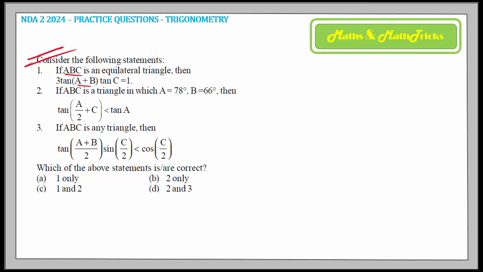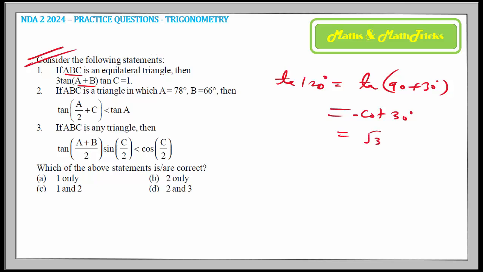So A plus B becomes 120 degrees, and tan of 120 degrees, you know how to evaluate it. It is tan of 90 plus 30, which is in the second quadrant where tan is negative. It is cot 30, because 90 plus 30 gives the complementary ratio of tan. So cot 30, which is negative because tan is negative in the second quadrant, and cot 30, you know, is the ratio of cos 30 to sin 30, which is yes, minus root 3.